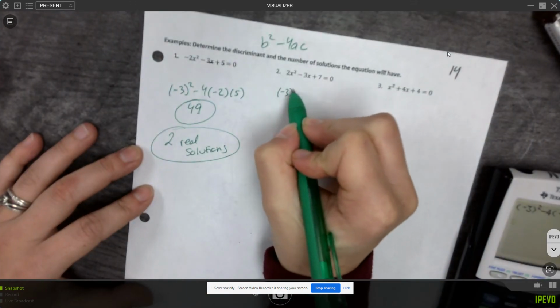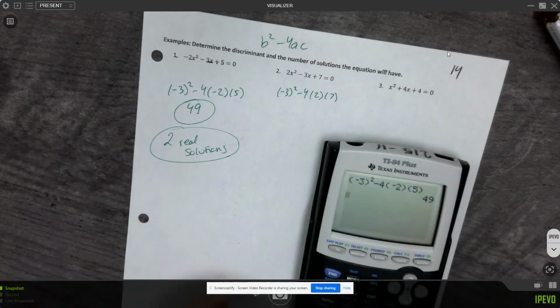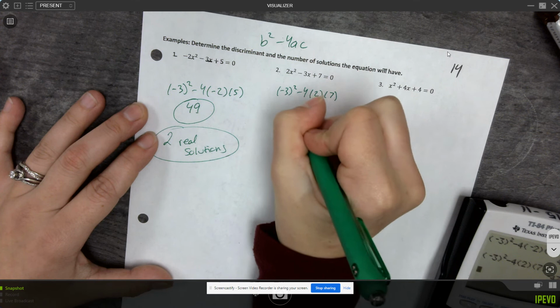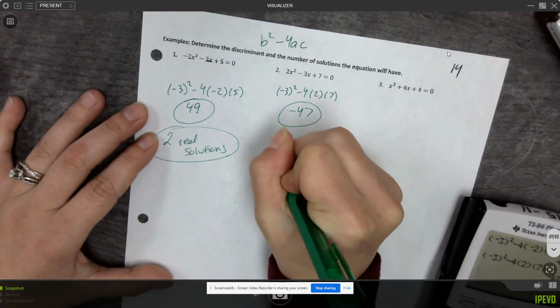b squared minus 4 times a times c. Negative 3 squared minus 4 times a times c is negative 47, that is your discriminant, which means no real solutions.